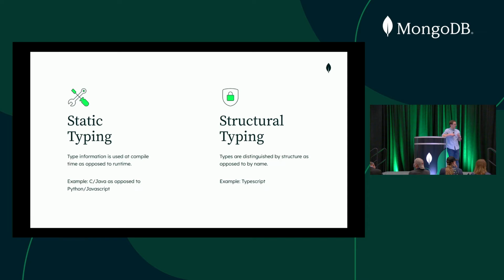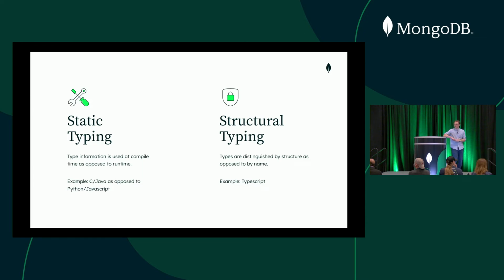A structural type system is a static type system where types are distinguished not by some name that they're given when they're declared, but rather by their structure, by what properties they contain or what methods they have. In the programming language world, one of the most popular structural type systems is the one that you find in TypeScript.